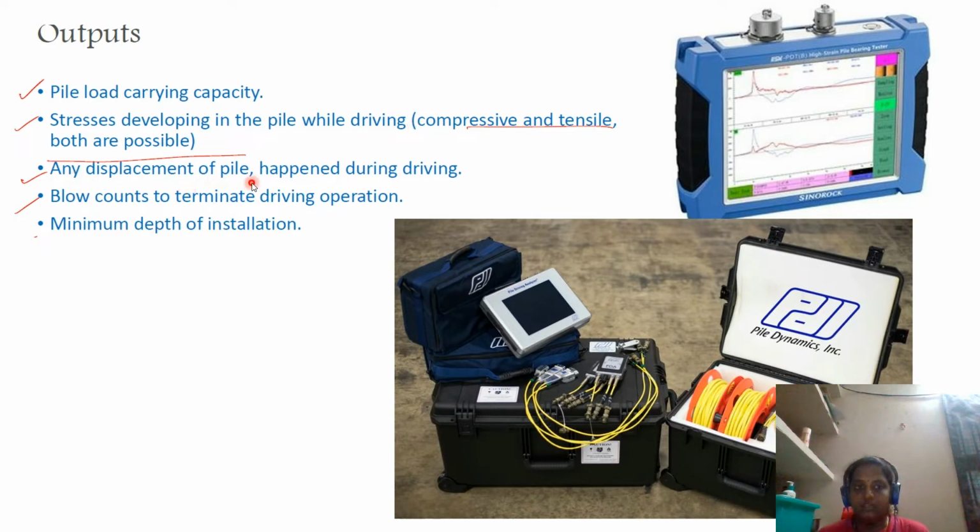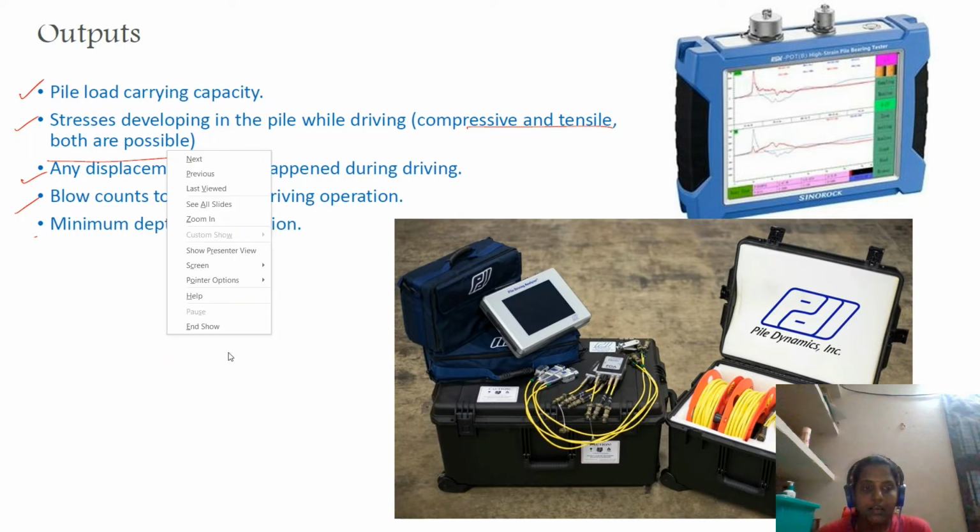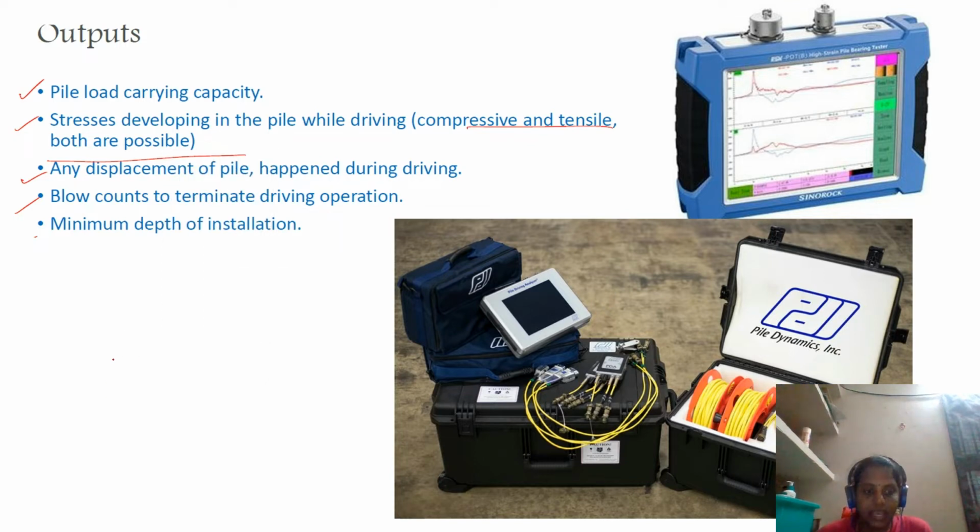And also if there is any displacement of the pile. Your pile has to be perfectly vertical, but because of certain site conditions, the pile might not go vertical. It could have hit a rock or something. I can show you once again. This is our borehole, and this is the ground area.